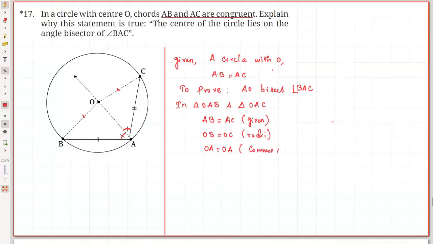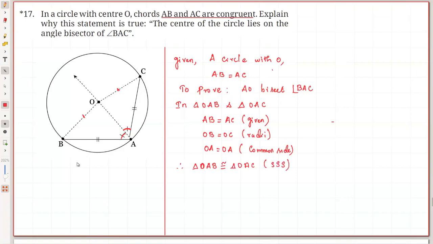Therefore, I can say triangle OAB is congruent to triangle OAC by the SSS rule. So I have proven these two triangles are congruent.